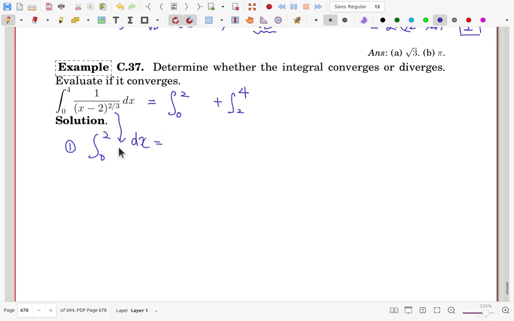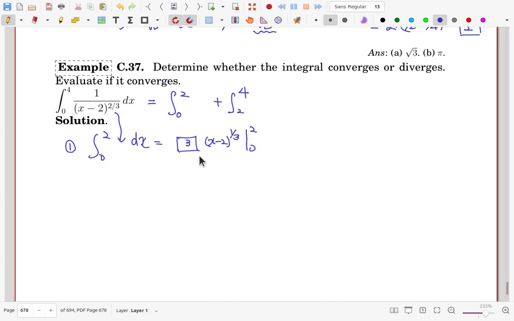Now, what is the antiderivative of this one? There must be some coefficient, and that is x minus 2 to the third power. Once you take the derivative of this, 1/3 will come out, so you have to put 3 here. Then evaluate from 0 to 2.